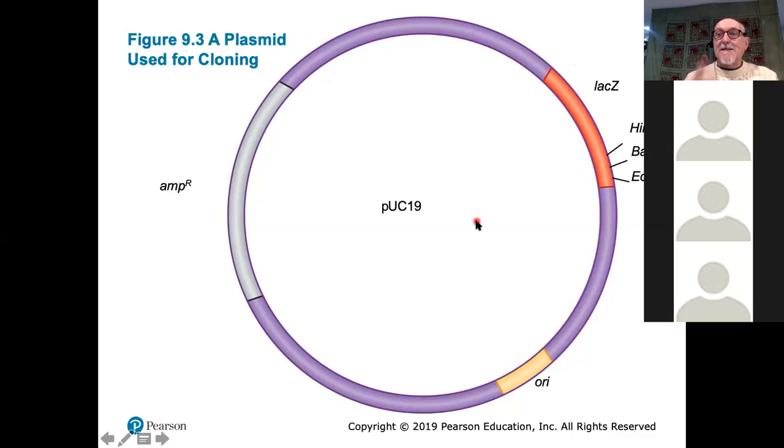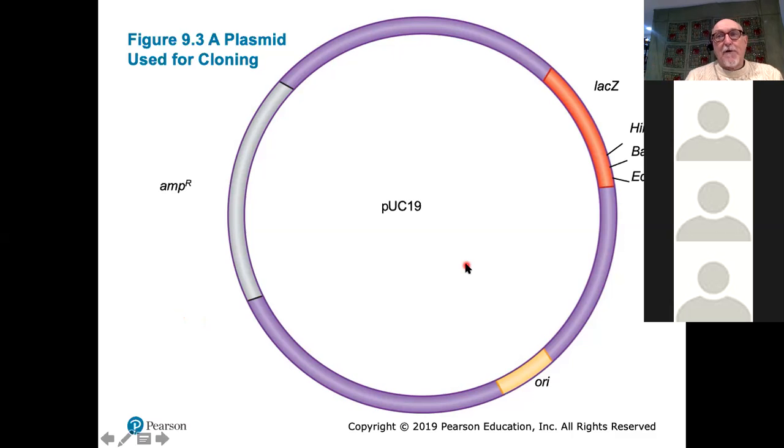The second part of the experiment is we're taking this vector and inserting it into bacteria whose character we know perfectly well and which we can probably grow easily, like E. coli. We've done two things, and we have to check to see whether or not both of those procedures were successful before we proceed growing our transformed bacteria and hoping that it's going to do what we want it to do.